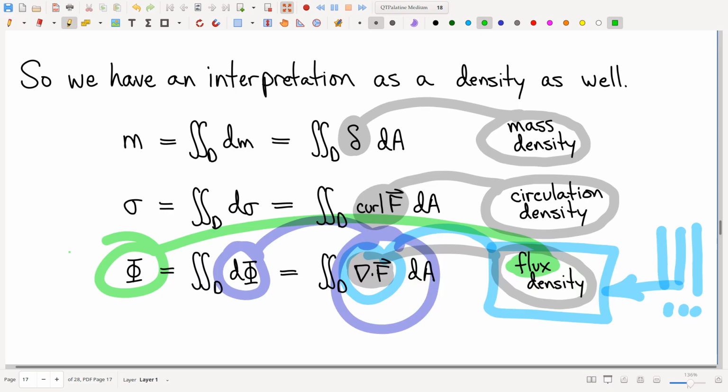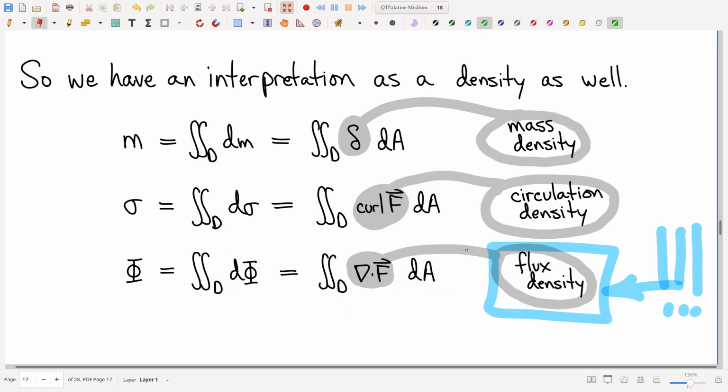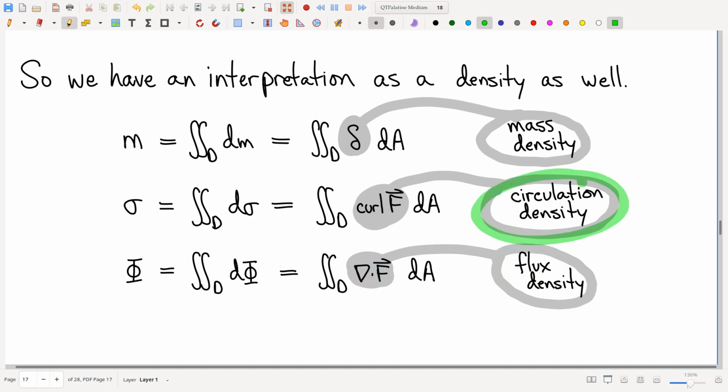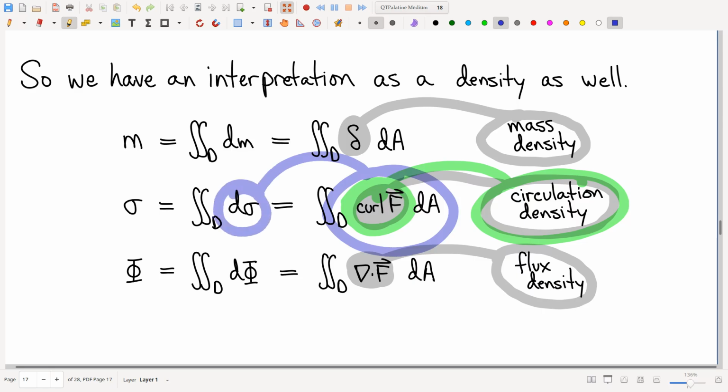Right? Okay, now that said, I will confess this term, circulation density, to describe curl, is not as common. You won't hear that as much. But I like it just as much. It makes just as much sense. Again, its job is to be the thing that you multiply by size to get stuff.